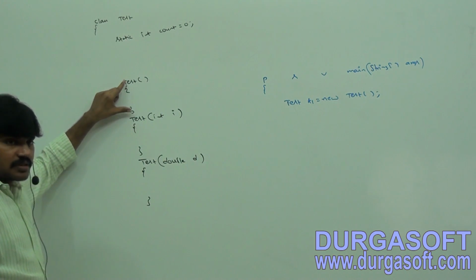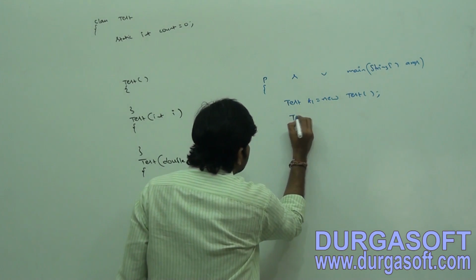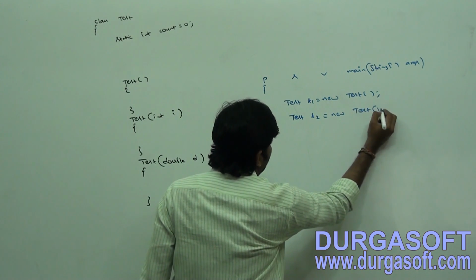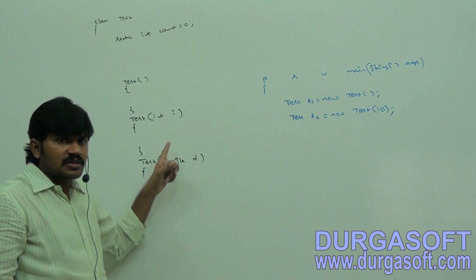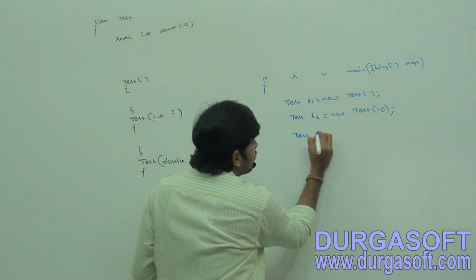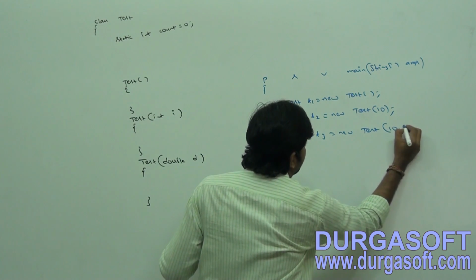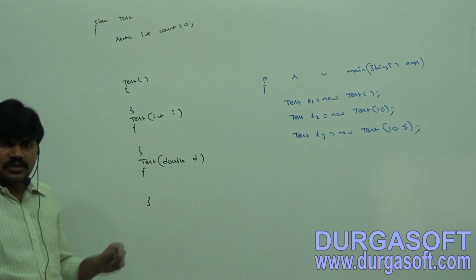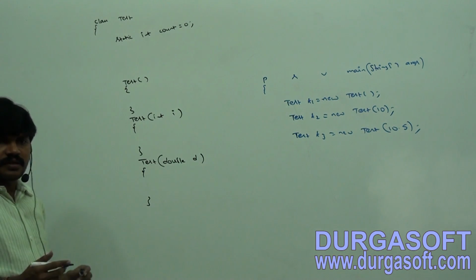The no-argument constructor. Test t2 = new Test(10); which constructor will be called? The integer constructor. Test t3 = new Test(10.5); which constructor will be called? The double-argument constructor, right? Sometimes I may call the first, second, or third constructor.